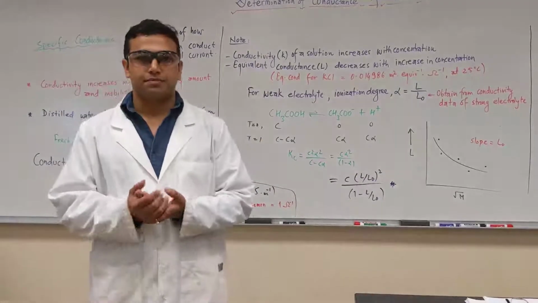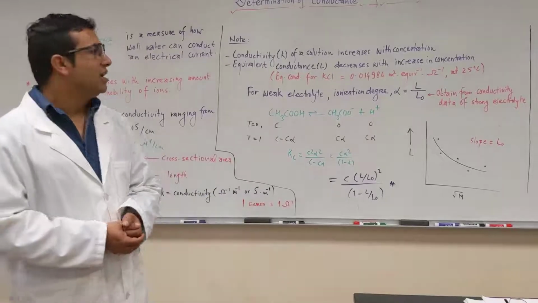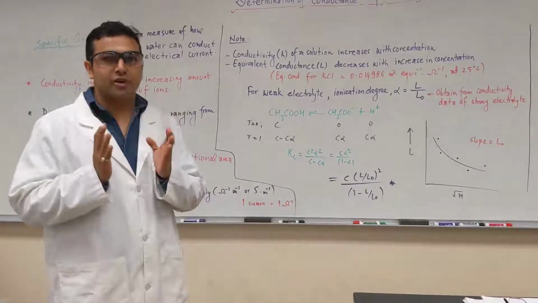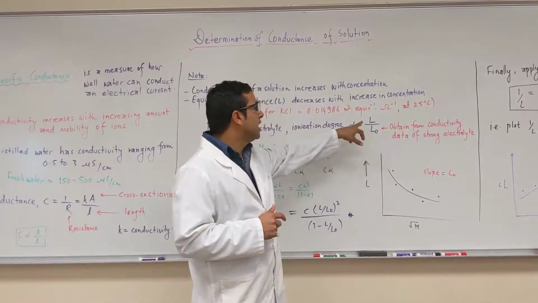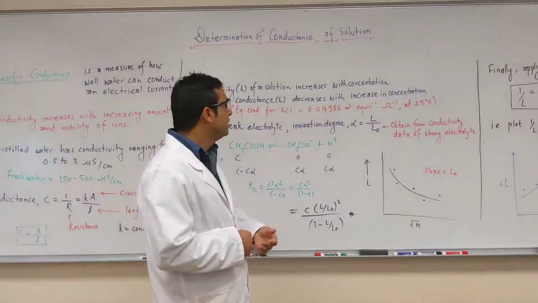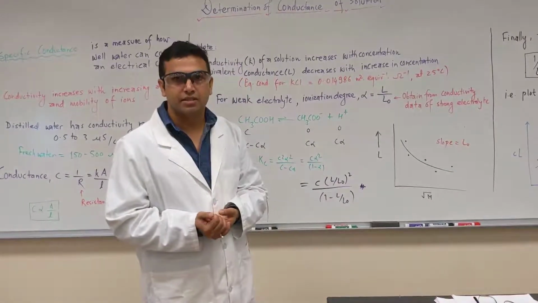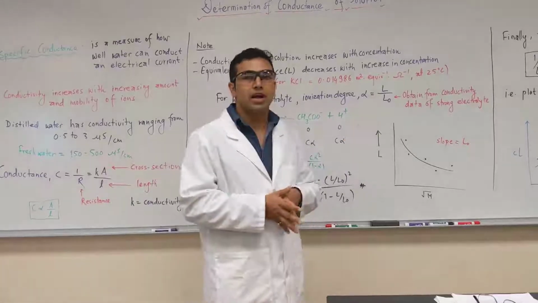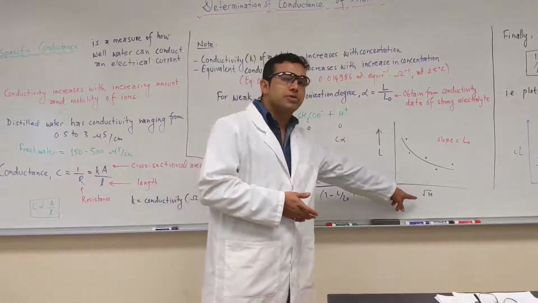So now let's get some idea of determination of ionization degree. Ionization degree for a weak electrolyte would be equal to L by L naught. I have already talked about L, which is the equivalent conductance, right? And this L naught is the limiting equivalent conductance. You can find this from the graph when you plot L against the square root of concentration.